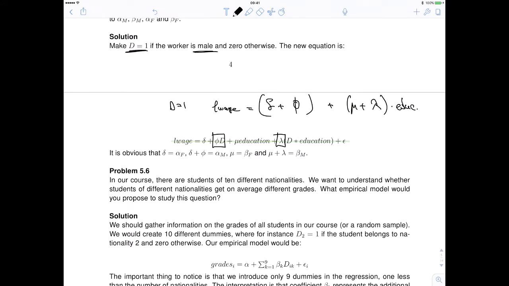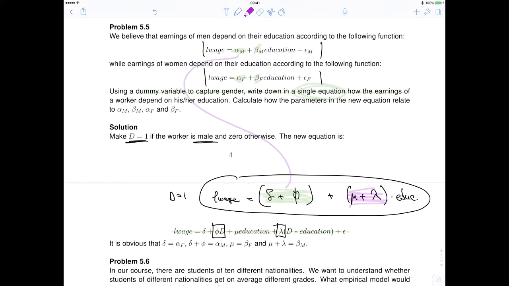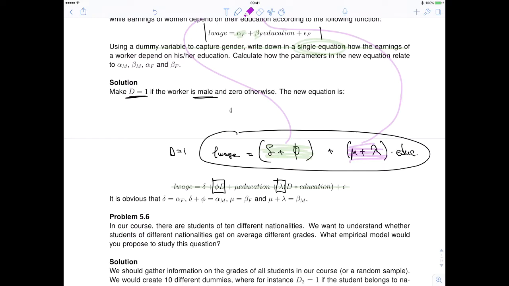Agree? This is the male regression. This is the intercept for the male regression. This is the slope for the male regression. What is the intercept for the male regression? This. What is the slope for the male regression? This.